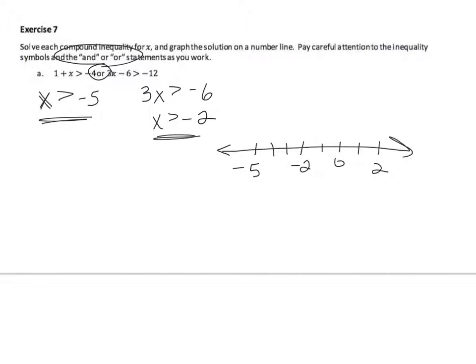I have -5, open dot, shading all the way to the right, -2, open dot. Okay, they overlap, so your final solution is actually the -5 shaded all the way to the right with an open dot at -5. Cool. Moving on.